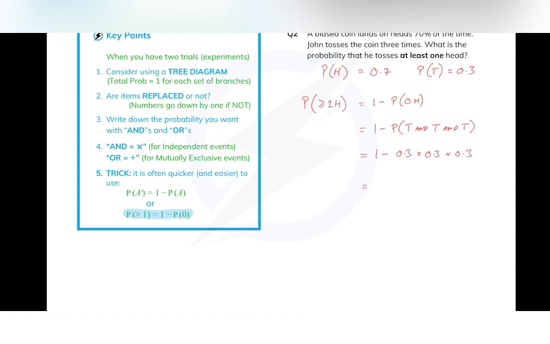And if I do that, I get 1 minus 0.027, which is 0.973. Okay, so it's very likely I will get at least 1 head, which you would expect because, of course, it's biased towards heads. But there we go, I've used the trick at the bottom of the blue box there.